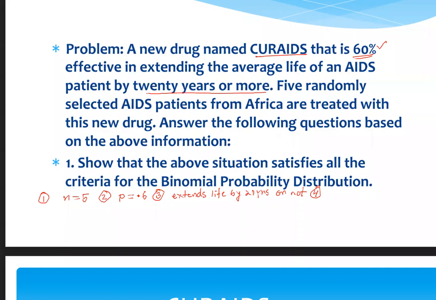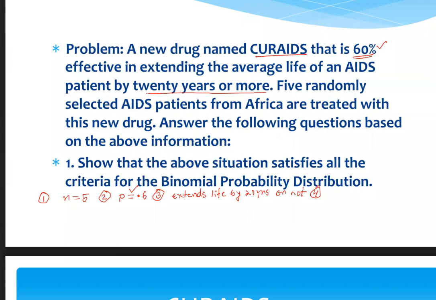Okay, 2 outcomes. Number 4, the last one. Or wouldn't that one be the 60%? Already 60% is here. P is equal to 0.6. Oh, yeah, my bad. What is the last one? The trials are independent. In this case, what happens to one patient due to this drug is not going to influence the outcome of any other patients.